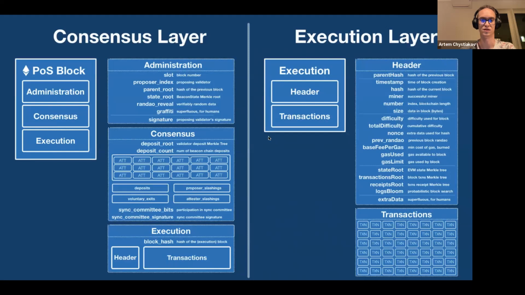But it is something that can be run on a cell phone, if you will. And the archive node may consume the full storage completely. That is why you need high capacity servers to run Ethereum nodes.